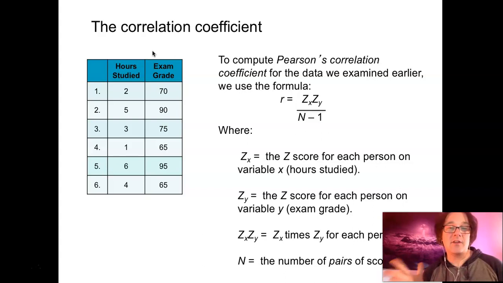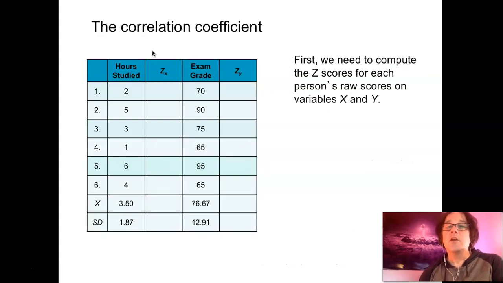We have 6 pairs of scores. We could think of this also as n representing the number of participants, right? So n minus 1 would be our degrees of freedom, or 6 minus 1, which is 5. Okay, so we first need to compute the z-scores for each person's raw score on the x and y variables.